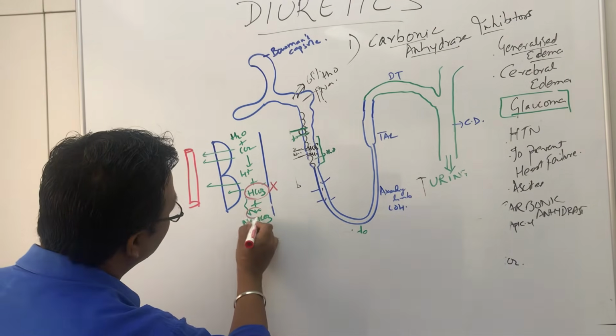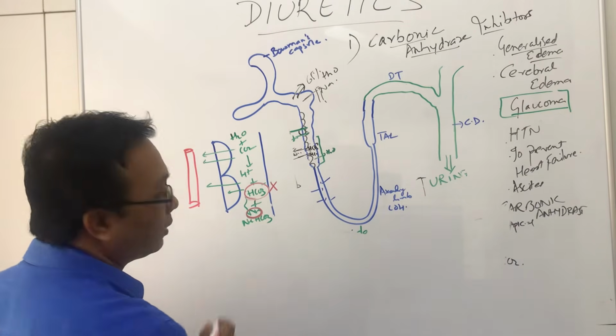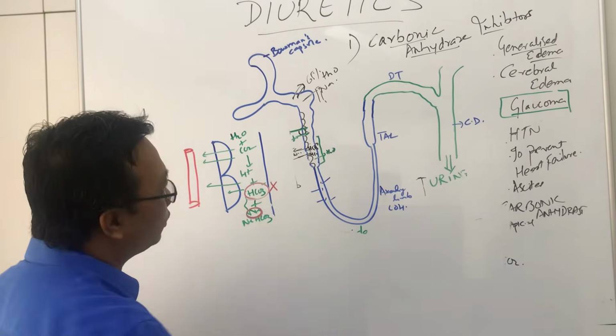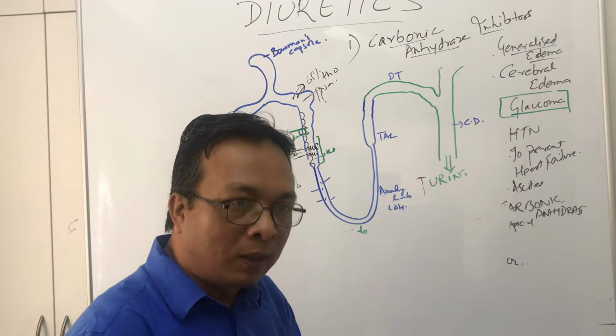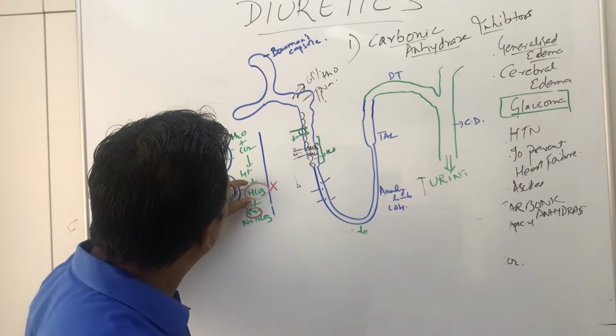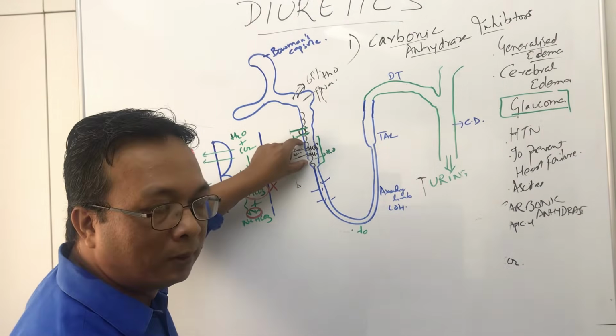So the amount of sodium which can be absorbed only by combining with bicarbonate cannot be absorbed, because some amount of sodium in the proximal tubule is reabsorbed only along with bicarbonate. So we are reducing the amount of bicarbonate in this late part of the proximal tubule.